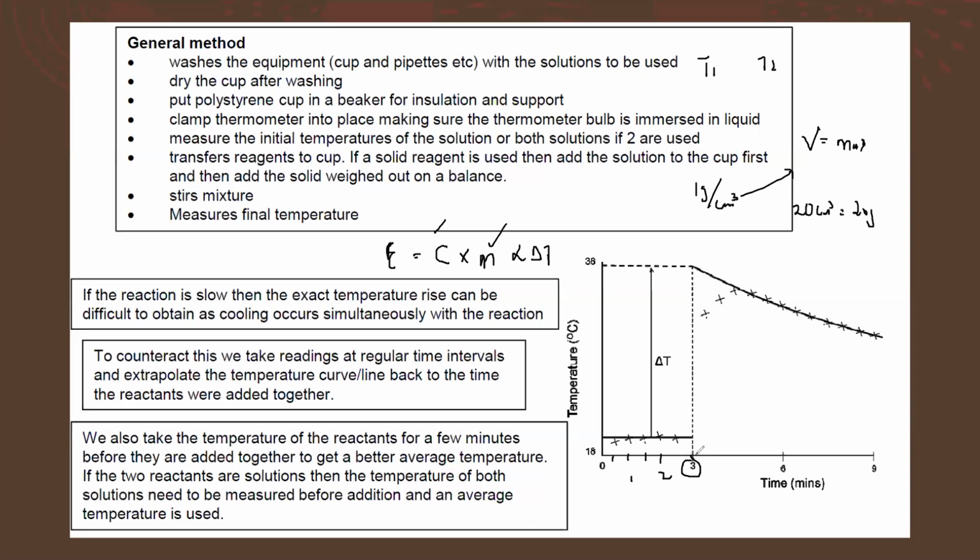Then we add the reactant, and the moment we add the reactant, the reaction starts. We will continue recording the temperature after every 30 seconds, like 4, then 5 and 6 and so on. Continue, and we'll have a graph of this pattern.